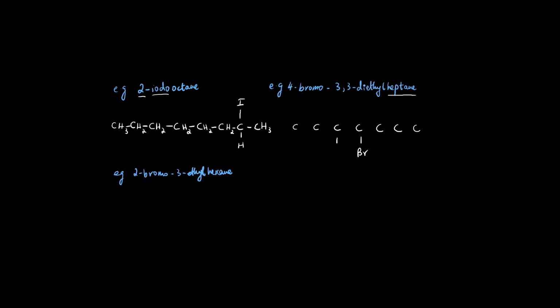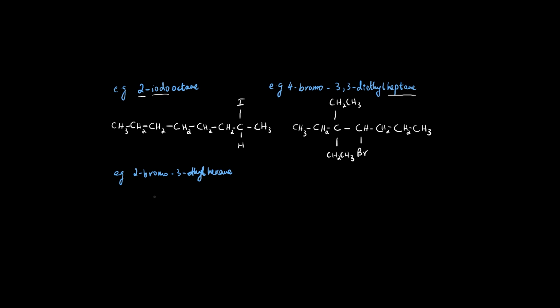And the third carbon has 2 ethyl groups on it, so CH2, CH3, CH2, CH3. And now let's just fill in the hydrogens. That's as simple as it is. And that is it, right?